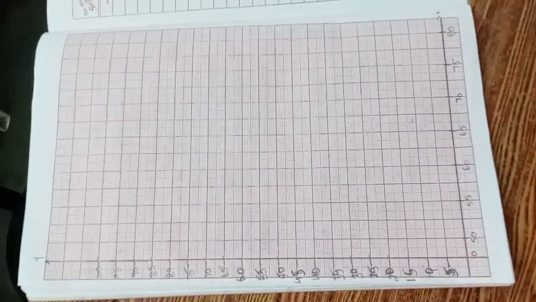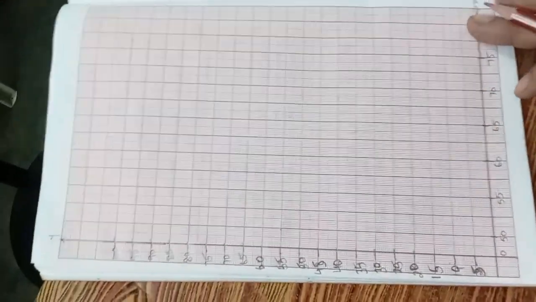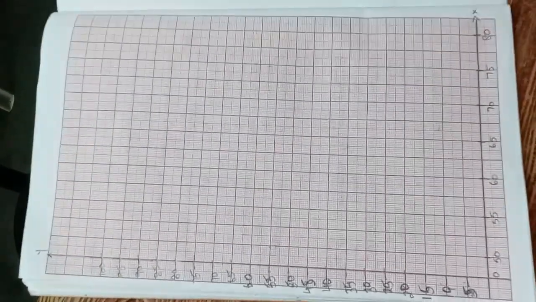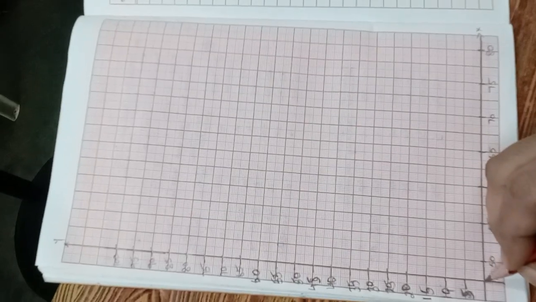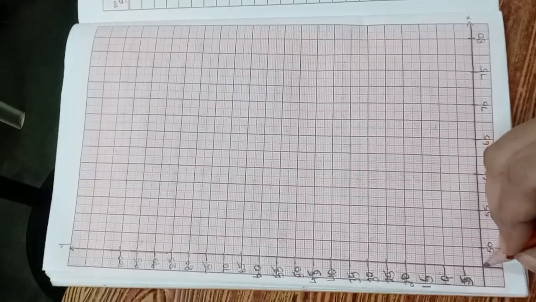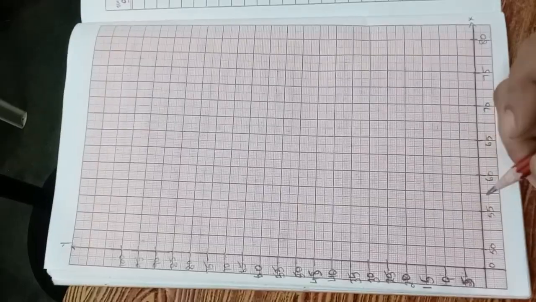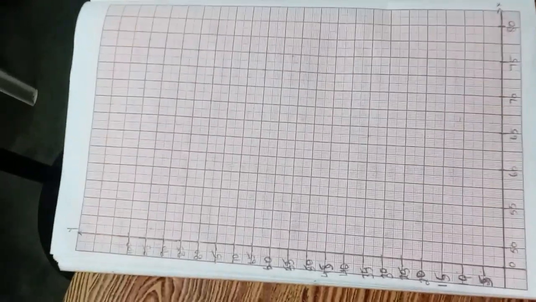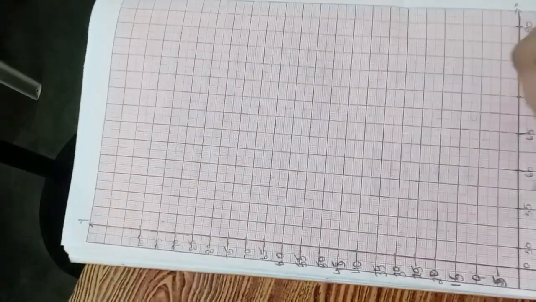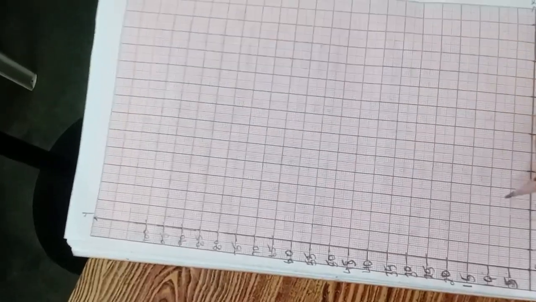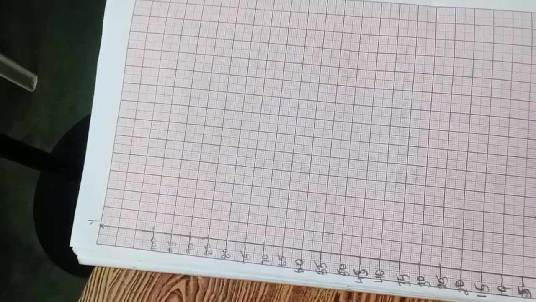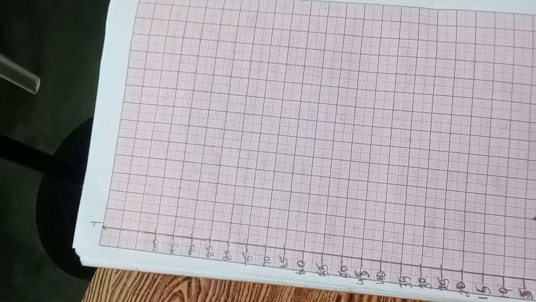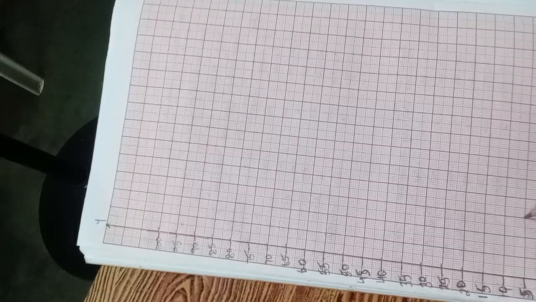Let us start with the less than curve. For every table you must take 0 as the starting one. Next, 55 is 2.